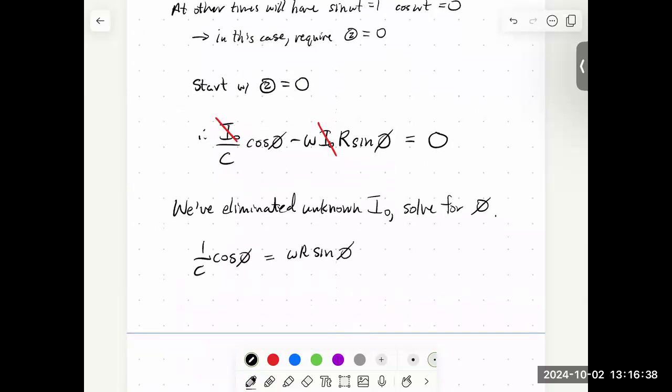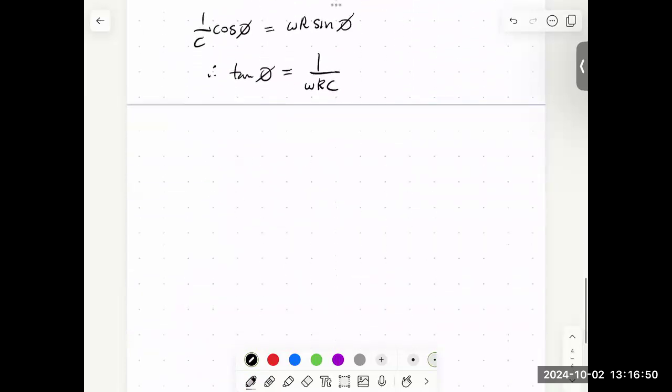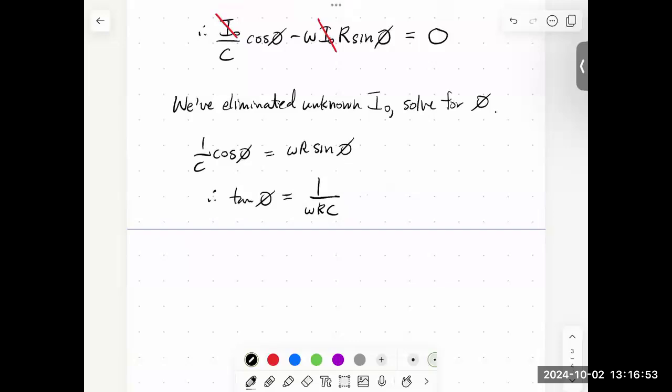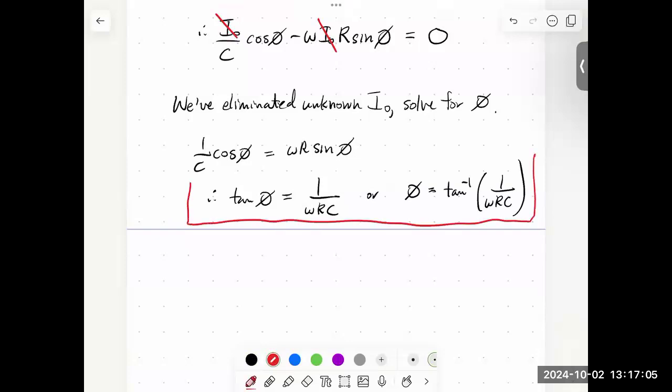I can do sine divided by cos to get tan. So therefore, tan phi is equal to, I got to divide by omega r, so it's 1 over omega r c. Oops. Or if we really want just phi, that's going to be the inverse tangent, or the arctan, of 1 over omega r c. Okay, good. So we've got one of our 2 unknowns. We now know how phi depends on frequency here.